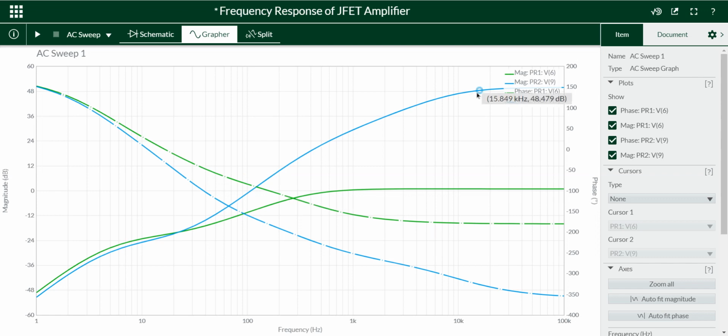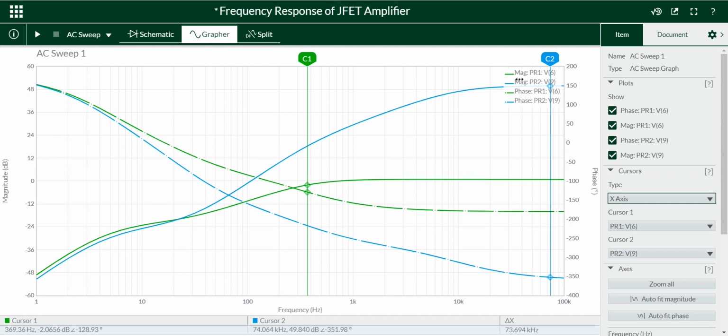Now we have to find out the bandwidth. For that, go to cursors, type, select the x-axis. You will see two cursors. C2 is for multi-stage, C1 is for single stage. Take C2 to the maximum value.